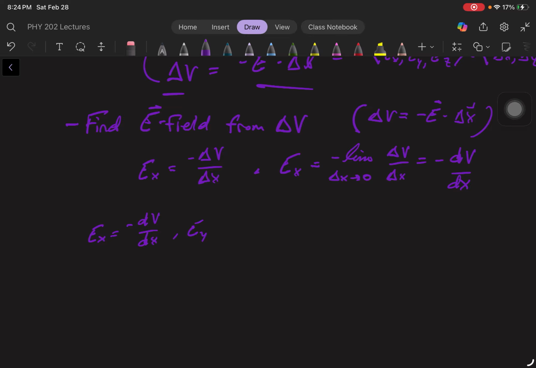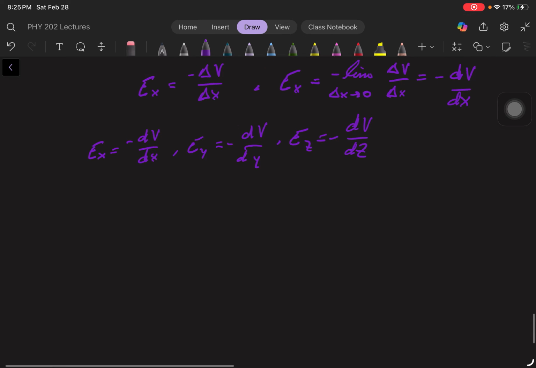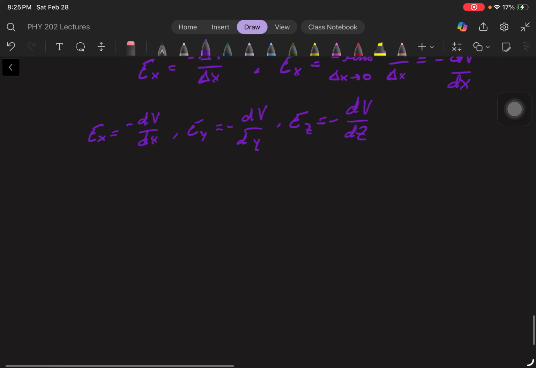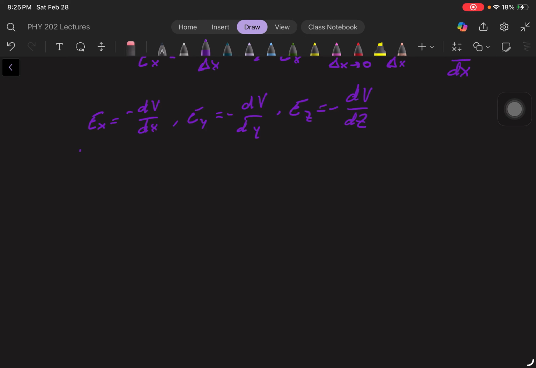E sub y is equal to negative dV dy. E sub z, you guessed it, negative dV dz, which is known as taking a gradient. Well, we'll get there in a second. And so technically, it should be partial derivatives.